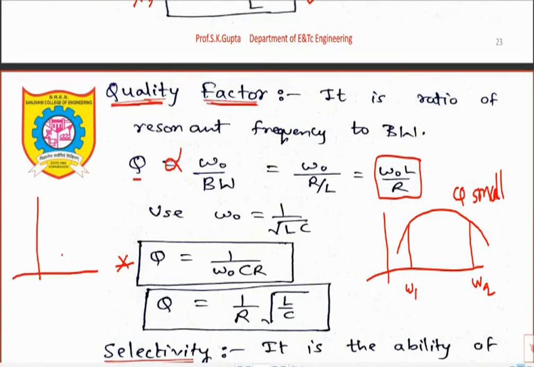So here it is omega 1, bandwidth is small and quality factor for this case is large. So from the graph also you should be able to identify which one is giving you the high quality factor. So bandwidth small means quality factor is large, and if bandwidth is large, that means quality factor is small.